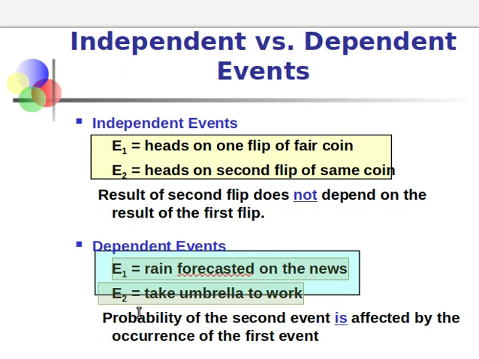So the second event is dependent on the other. Your bringing an umbrella to school is dependent on the forecast. If the forecast was no rain, then no umbrella. But if the forecast says it will rain, the probability is that you'll take your umbrella along with you. Here, the probability of the second event is affected by the occurrence of the first event.